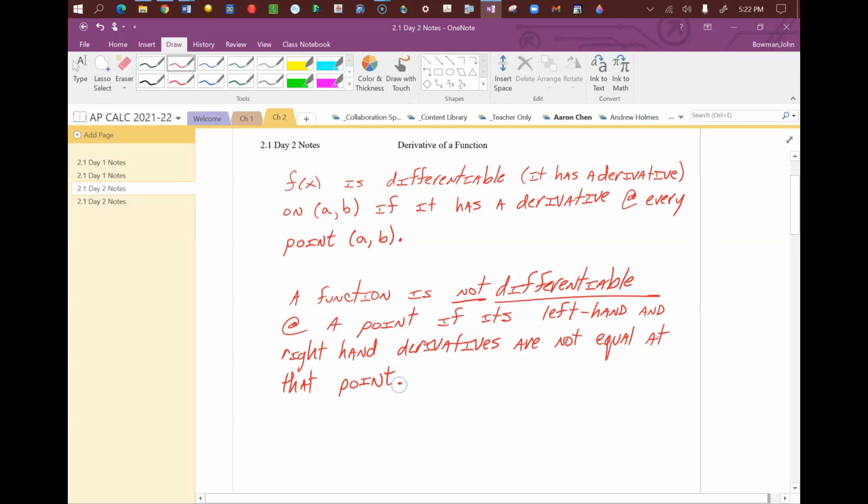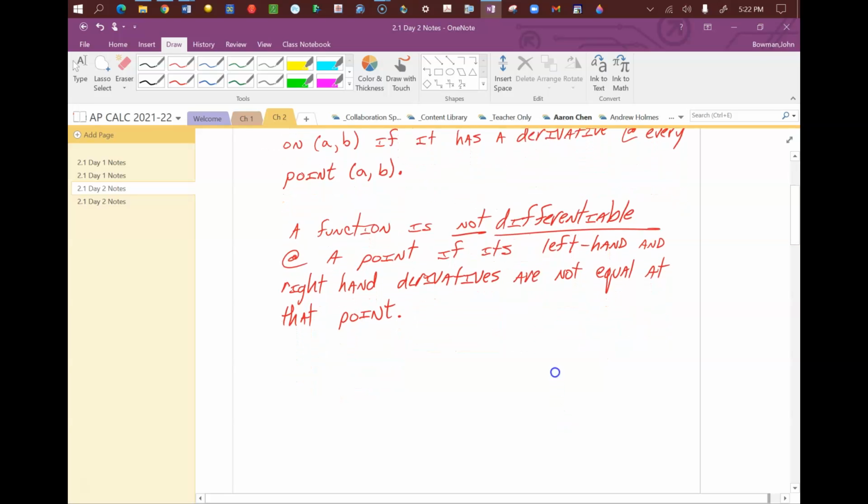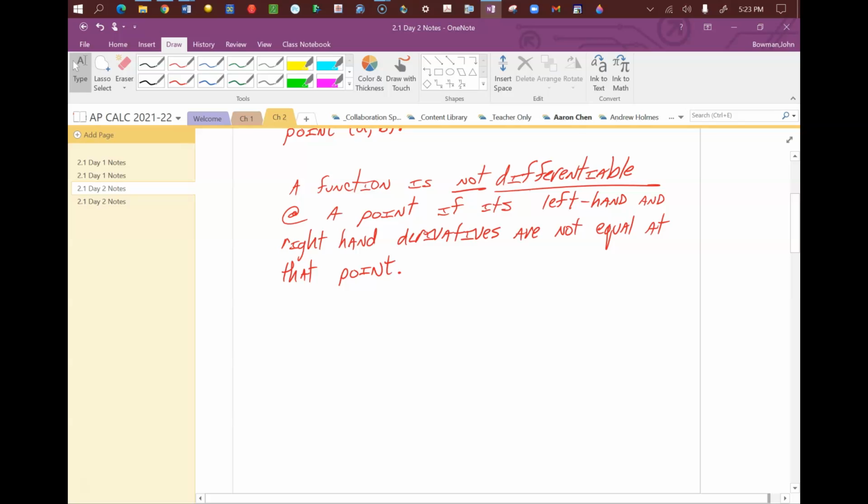So you have to remember that a derivative is a limit, and a limit exists if the left and right limits are equal to each other. So a function is not differentiable, a.k.a. does not have a derivative at a point, if its left and right hand derivatives are not equal to each other at that point.